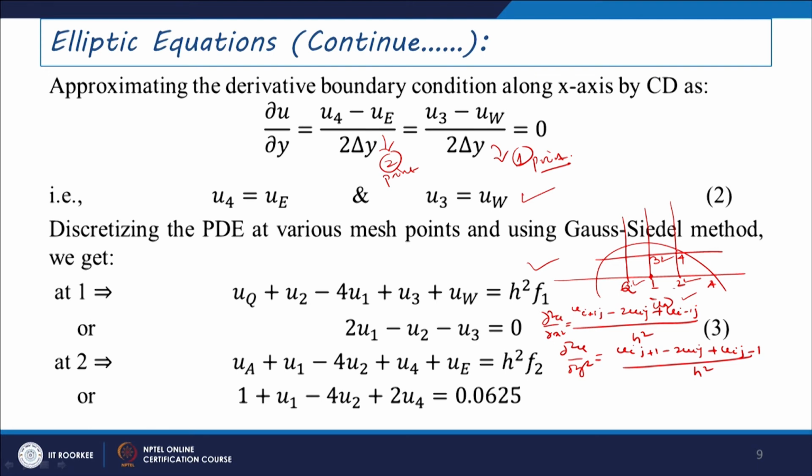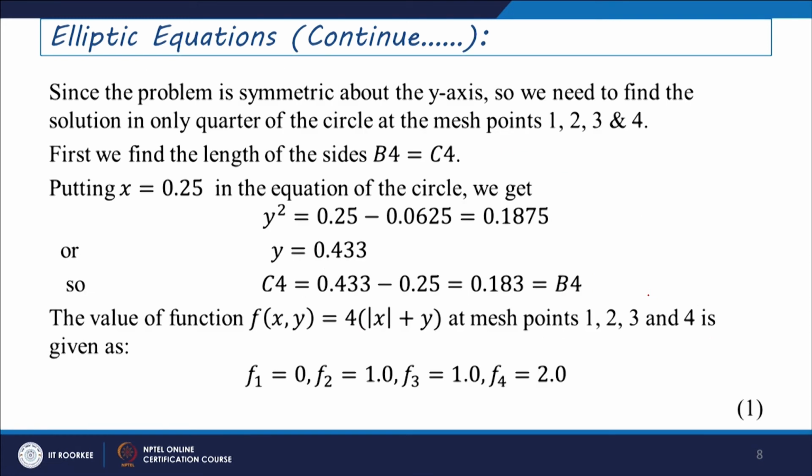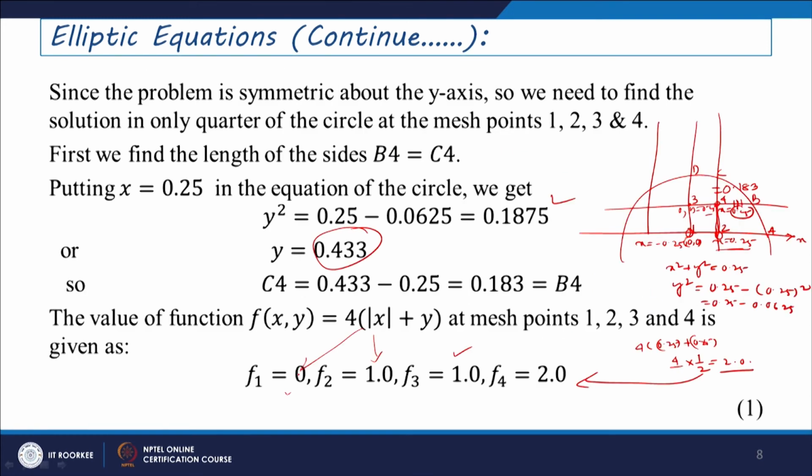That is why we write uq plus, we are considering u2, so 2 u2, and u3 and uw can be considered as 2 u3 here, since symmetry is there. So h square f1. At point 1 we obtain this f function as 0 there.